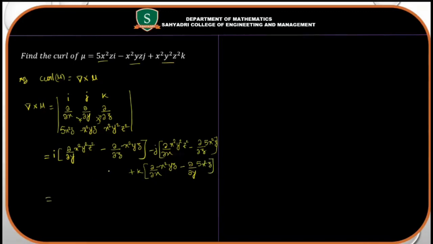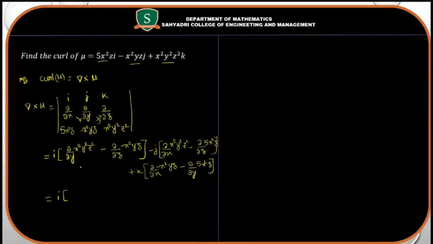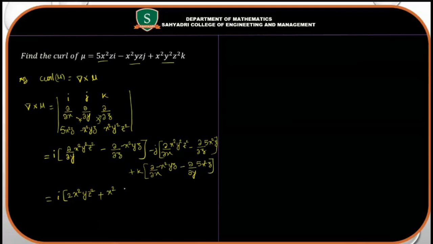So this one is equal to, yes, Dhanya, are you there? Yes, sir. Can you tell the answer for the first term? i into 2x square y z square plus x square y.